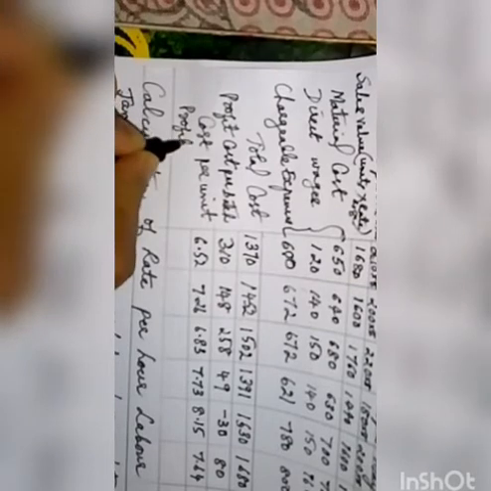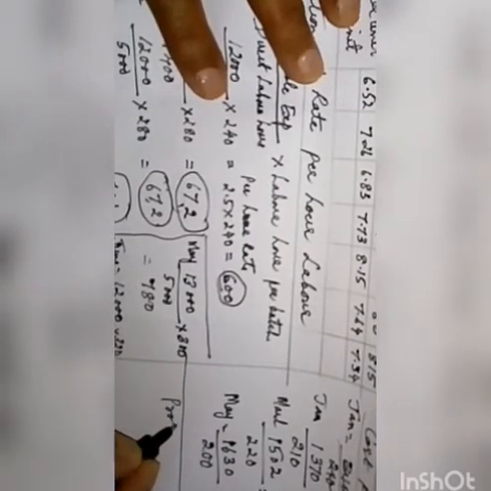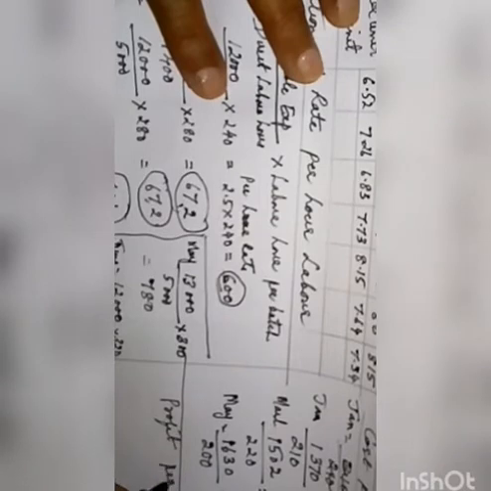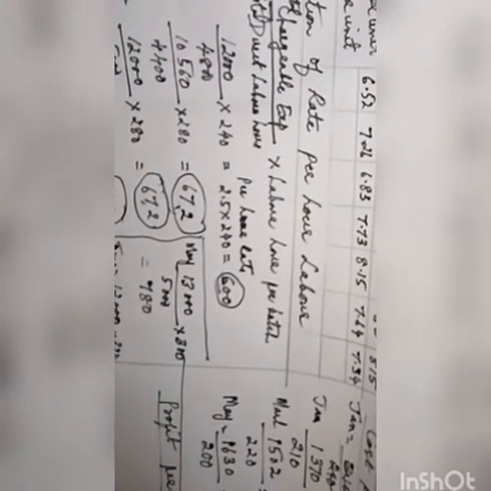And next, the last thing we need to find out is profit per unit, the last calculation. So profit per unit can be calculated by considering batch wise profit.